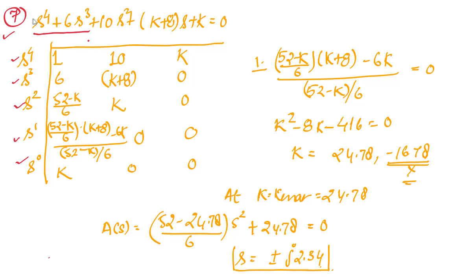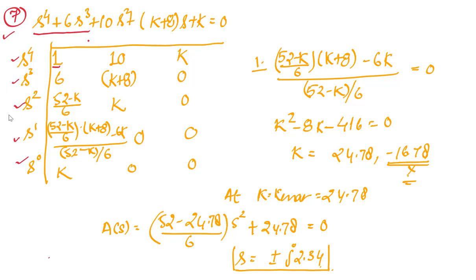So first of all, what will we take? The coefficient of s to the power 4, right? So we wrote 1 here, then we leave one term, then 10, then we leave, then k, right? Similarly for s cube, the coefficient of s cube is 6, then leave 10, then k plus 8, then 0, right?